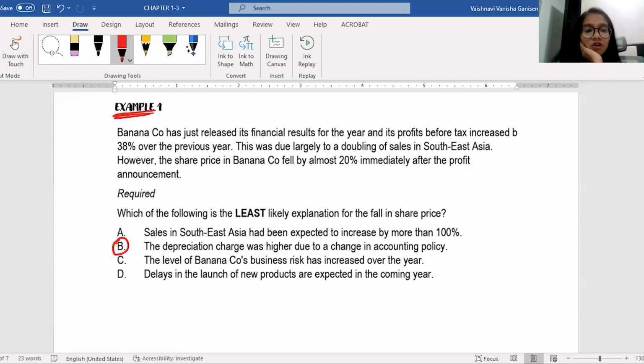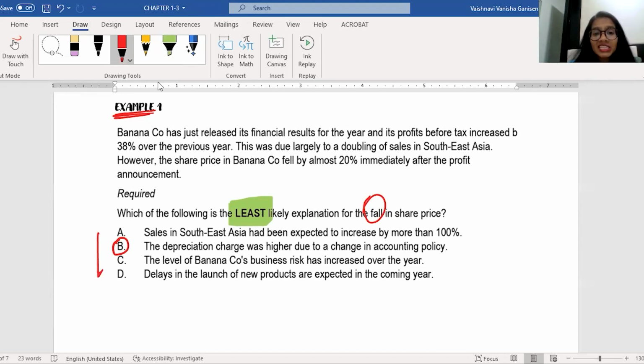Okay, let's read the question. Now, which of the following is the least likely explanation for the fall in the share price? Now, I just want you to remember something. The fall in the share price, any one of it can be the answer, but which is least likely to be the answer?